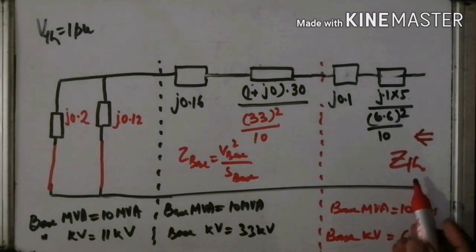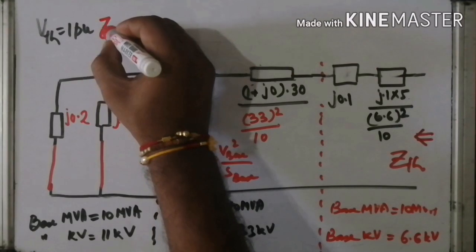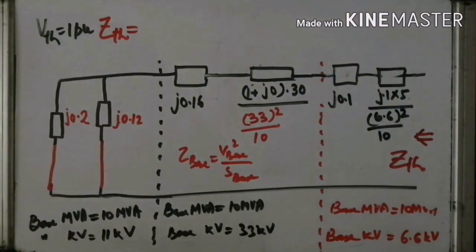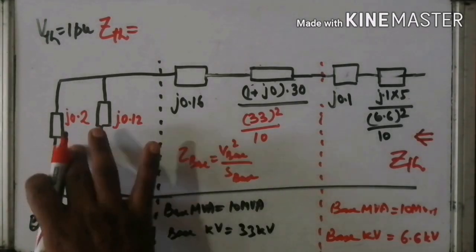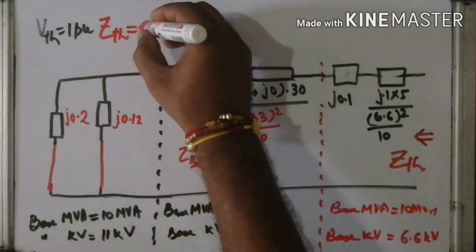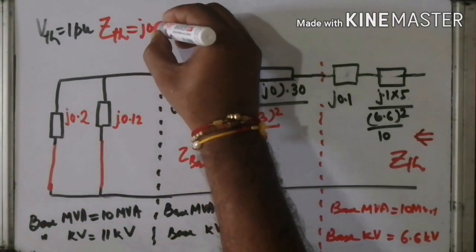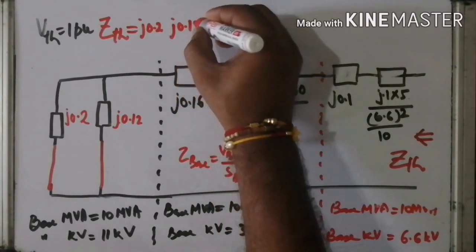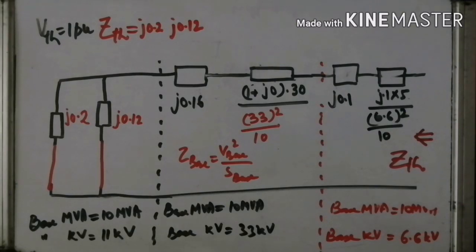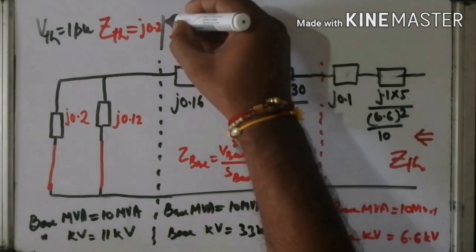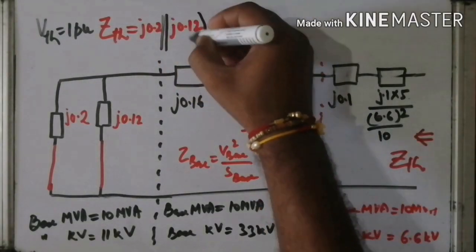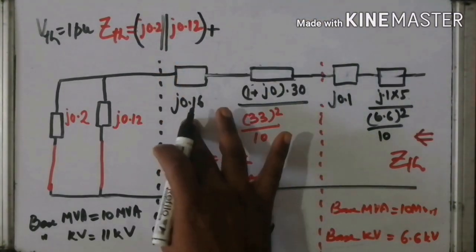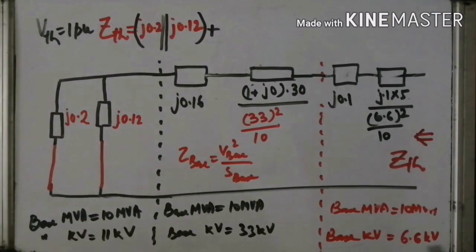Now for the ZTH, these two are connected in parallel, so it is J 0.2, J 0.12. These two are connected in parallel, and with this combination rest 4 are in series.